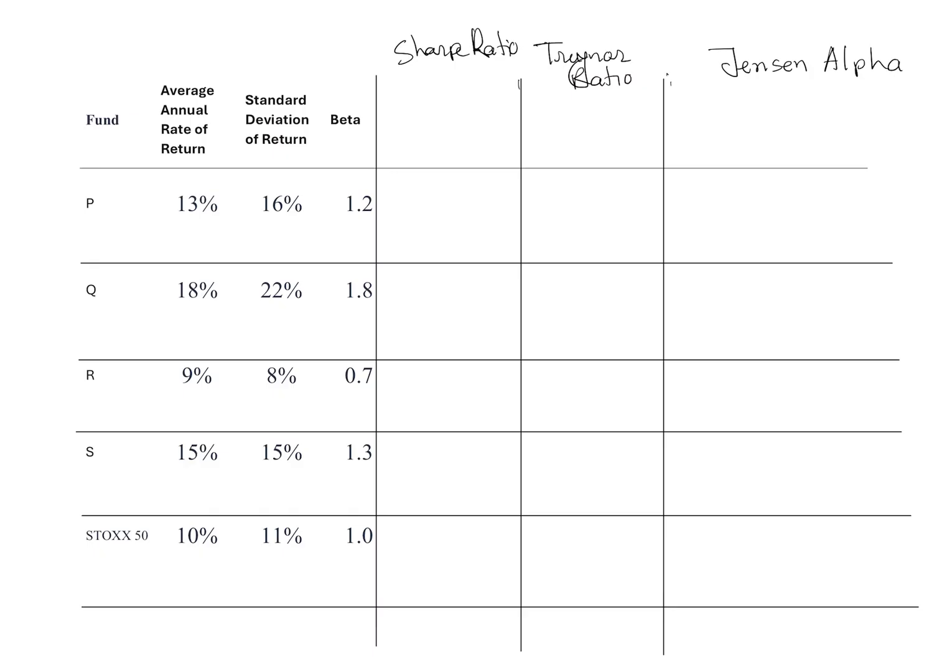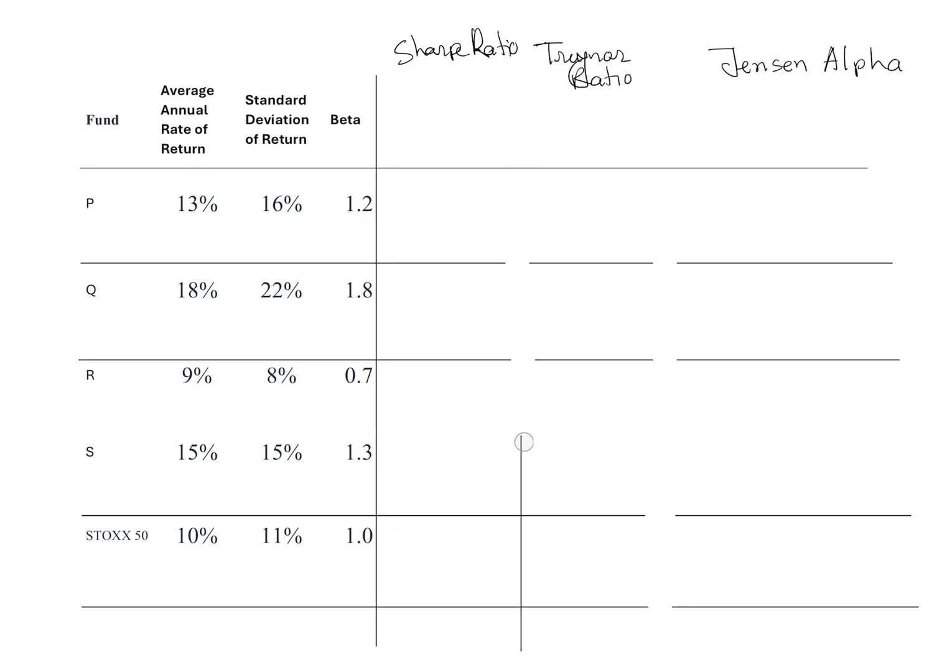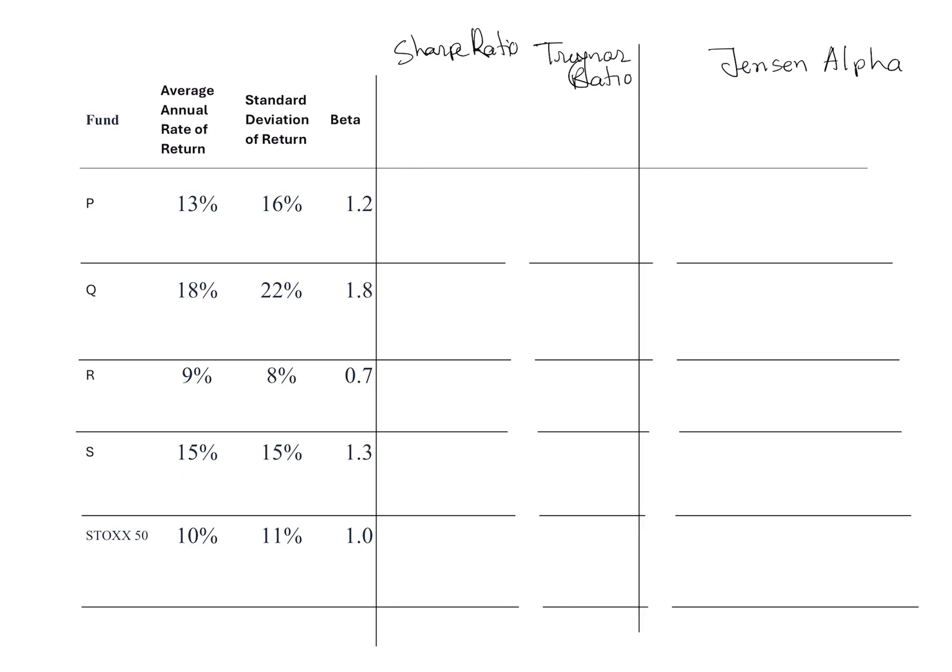So why don't you just delete that and calculate the Sharpe ratio and Treynor ratio here, and we'll do the Jensen alpha separately.